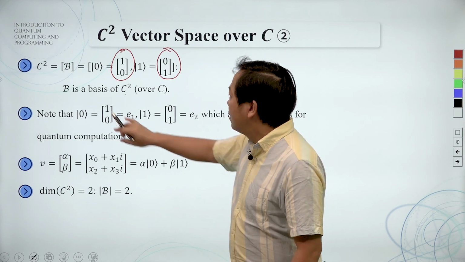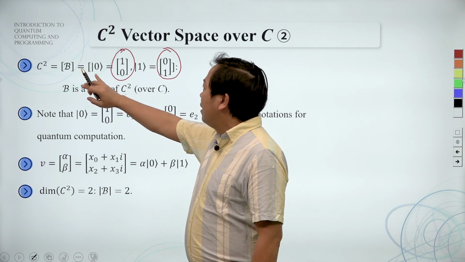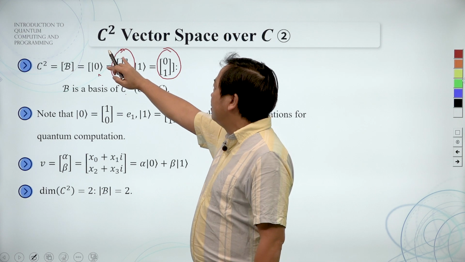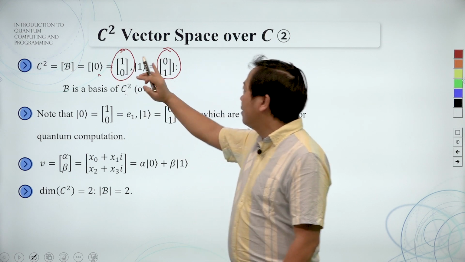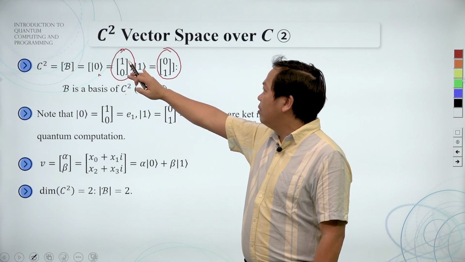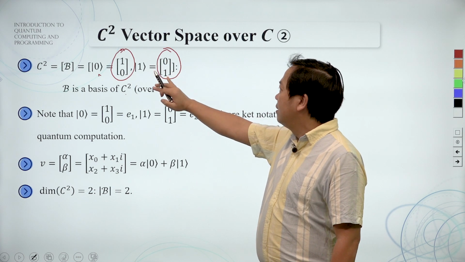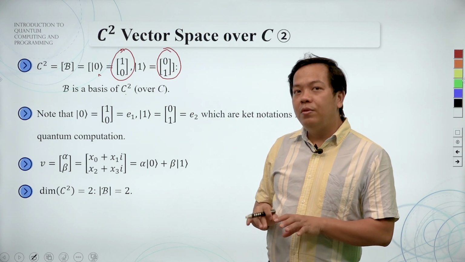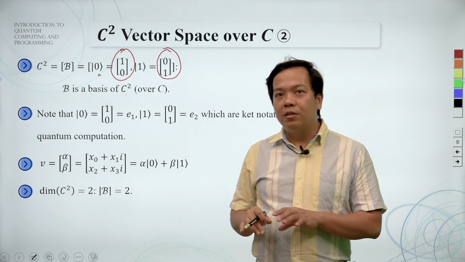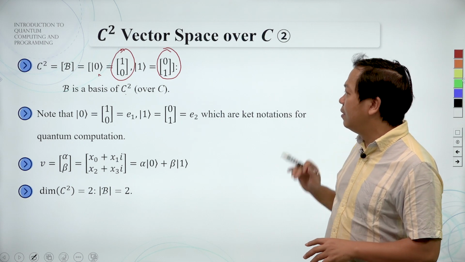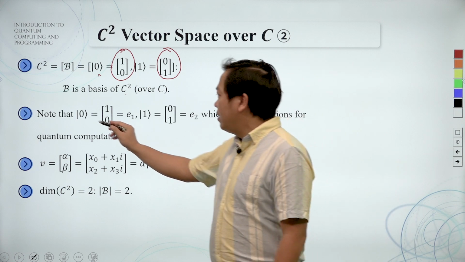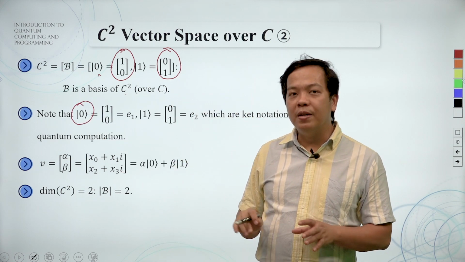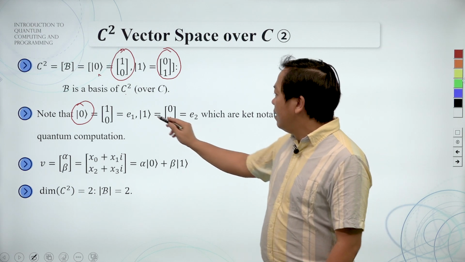The state 0 is equal to (1, 0), and the state 1 is equal to (0, 1). So you need the qubit vector, or vector space, in the complex vector. When you see this kind of notation, it is equal to the qubit in computing. Remember that.